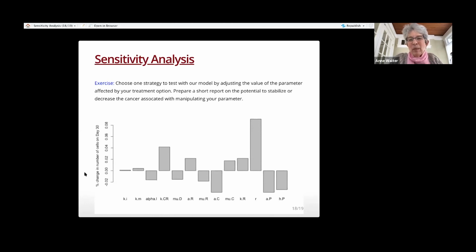Maybe they'll go up or down in different ways, but the idea is to use the sensitivity analysis to actually prepare a report on the potential of either stabilizing or decreasing the cancer, given the particular parameter that they're looking at. And some of them, like I say, may or may not be able to be adjusted a lot, but at least it gives them something to think about. What's the literature you should look at? What's the experimental design you might look at next?